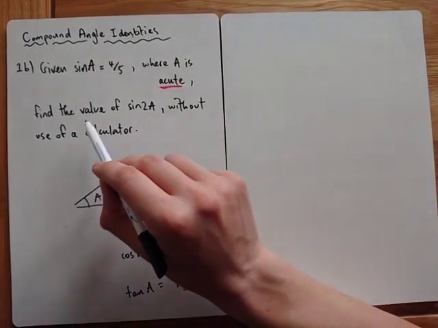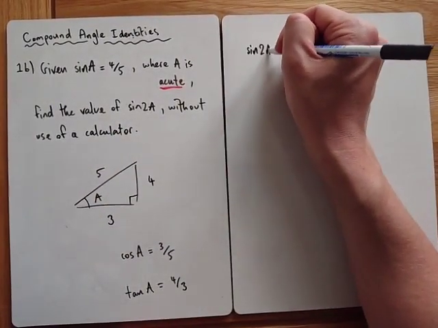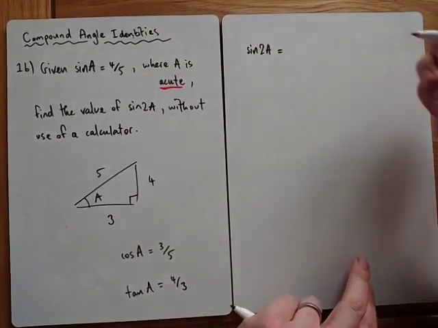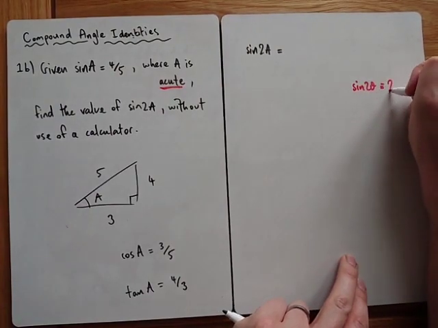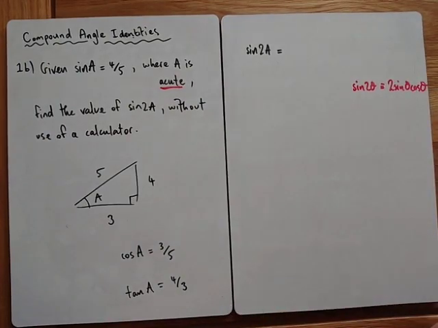So the question says, find the value of sine 2A. Very important identity for this one. Sine 2 theta we know is 2 sine theta cos theta.